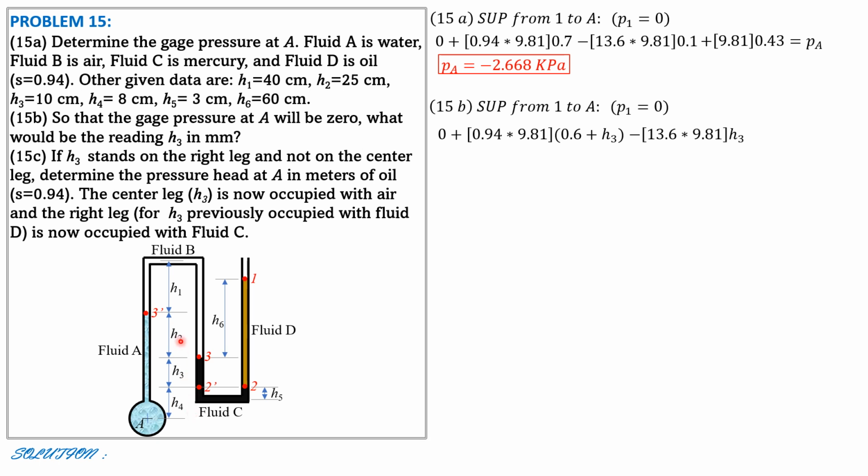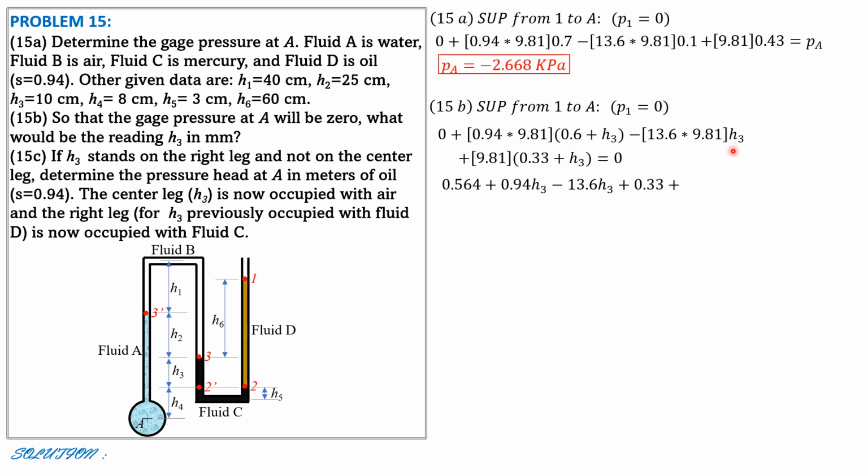H3 is unknown. H2 is 25 cm and H4 is 8 cm, so 33 cm. So the total depth of fluid A, or water, is 0.33 meter plus H3. So plus 9.81 times the quantity 0.33 plus H3 equals 0. Pressure at A is 0, that's the condition here. Divide everything by 9.81, then simplify. 0.94 times 0.6 is 0.564. 0.94 times H3 is 0.94 H3.